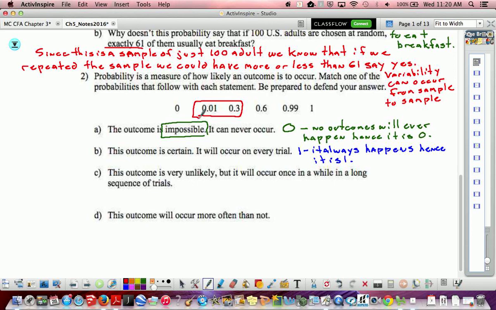But what's going to make you pick one versus the other? It occurs once in a while in a long sequence of trials. 0.3 is like saying 3 out of 10 versus 1 out of 100. So which one seems to be a long sequence of trials? 0.01.